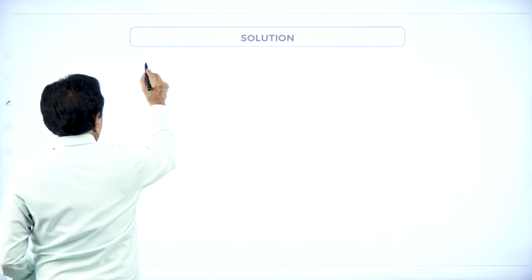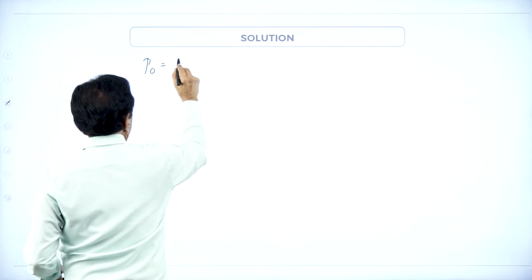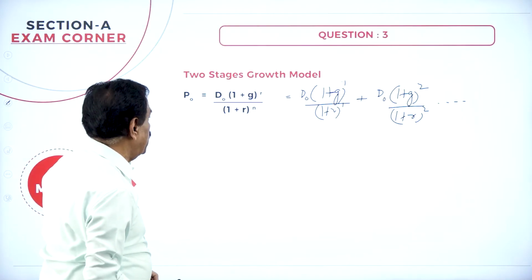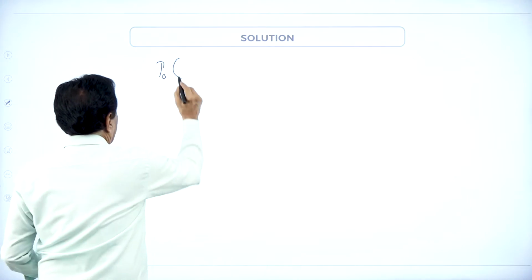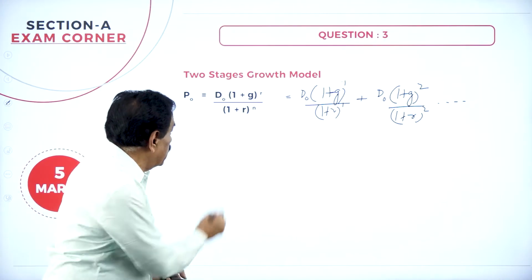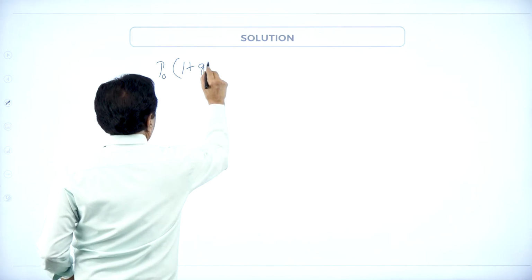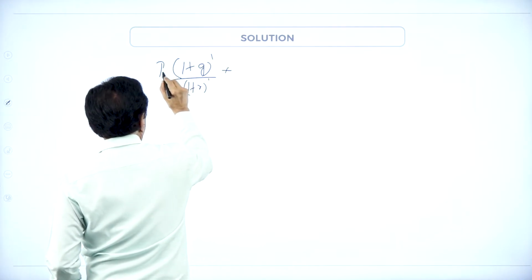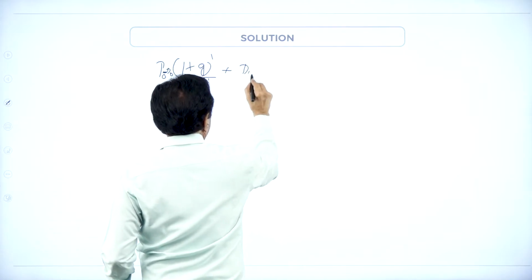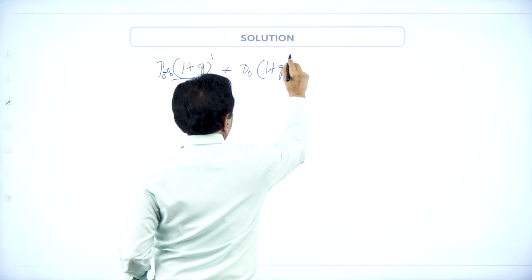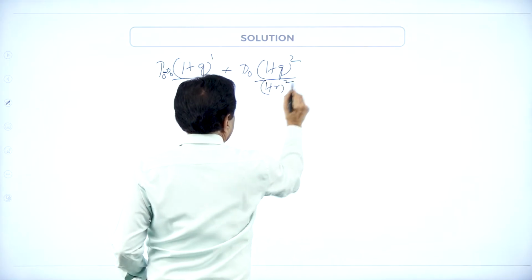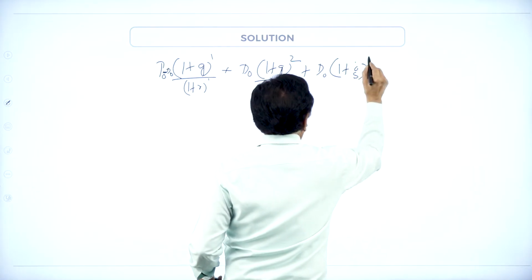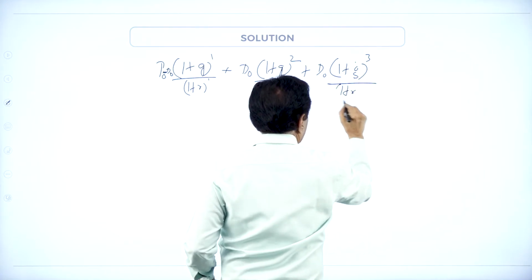D0, 1 plus g, this is your growth rate, to the power of 1 divided by 1 plus R to the power of 1, plus D0 into 1 plus g to the power of 2 divided by 1 plus R to the power of 2, plus D0 into 1 plus g to the power of 3 divided by 1 plus R to the power of 3.